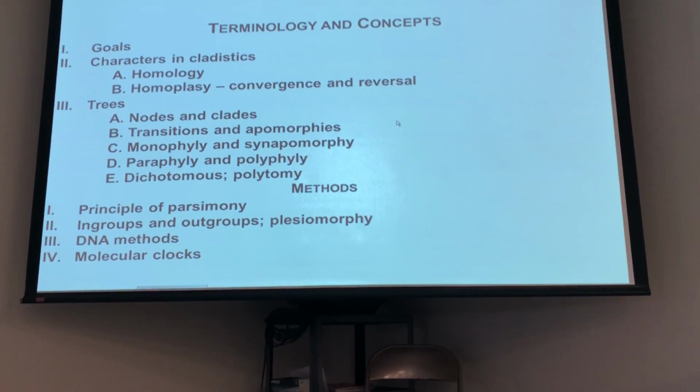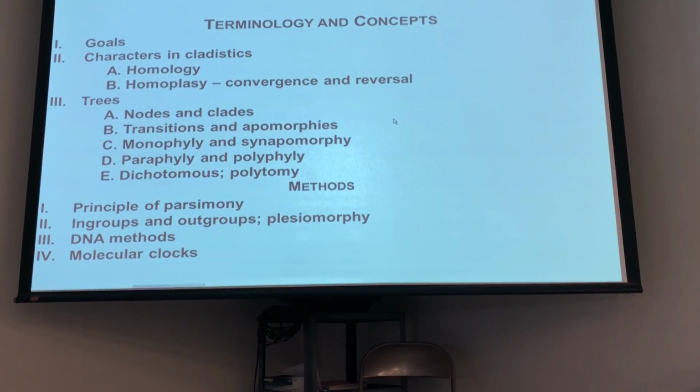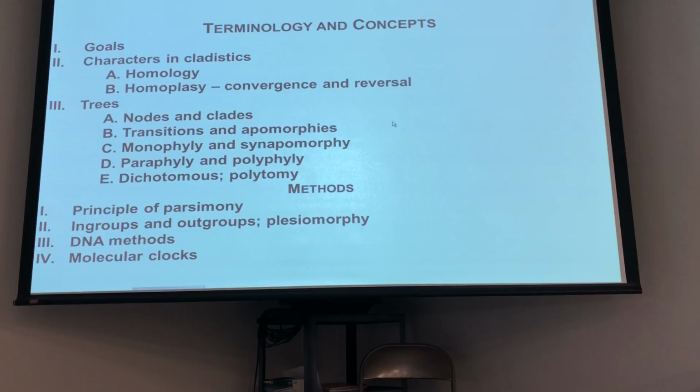And of course, since the 1970s, and today extremely heavily used, are molecular sequences. Originally it was amino acid sequences because they learned how to do that first. But of course today DNA sequences are used extremely heavily in cladistics. So those are characters as well.